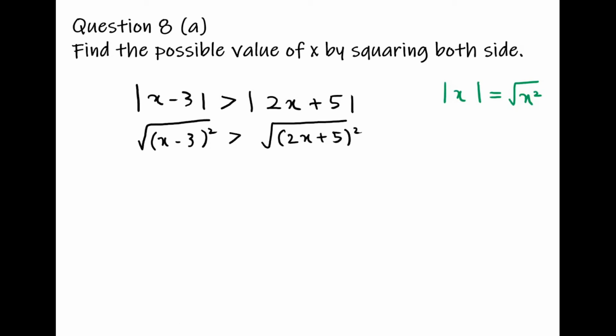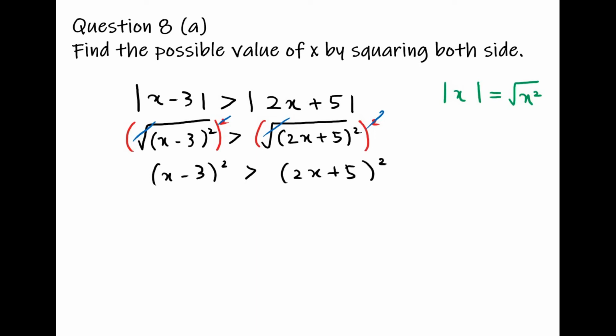By squaring both sides of the inequality, you can see that the square roots will be cancelled out. You will be left with (x minus 3) squared is greater than (2x plus 5) squared.